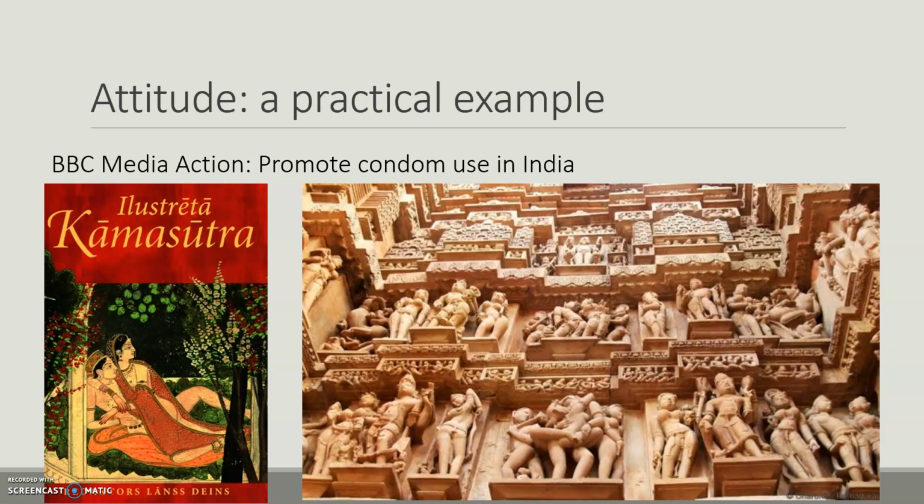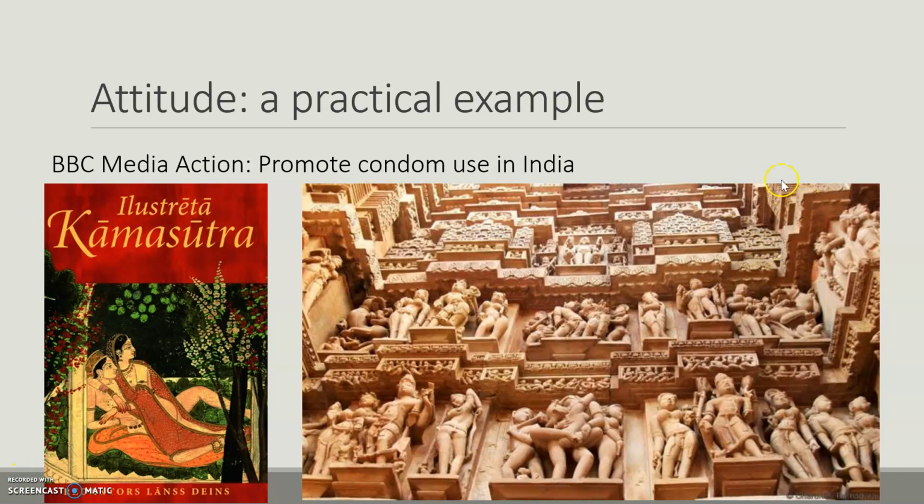Okay, so let's have a virtual trip to India. India is such a magic country. I've been so looking forward to visiting it one day. And this country has an ancient book called Kama Sutra, and this book is all about sexuality and emotional fulfillment. And also in ancient times, they built lots of temples about sex.